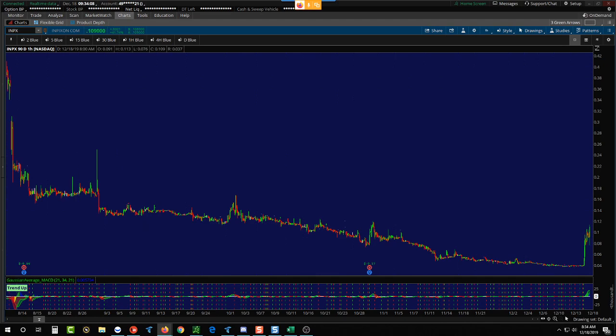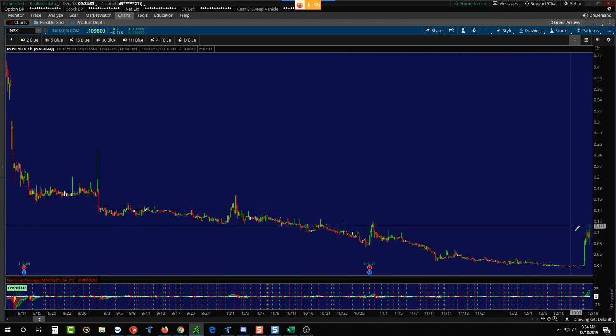So a couple people say they can see the INPX. Some people say they cannot. I'm going to end up swapping browsers, I bet, just to make sure that we don't have this issue. But I'm still on INPX, this penny stock, so we can take a look at it while I'm waiting for the other browser to load.